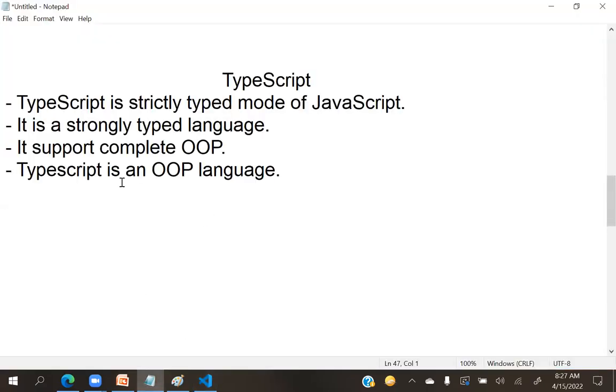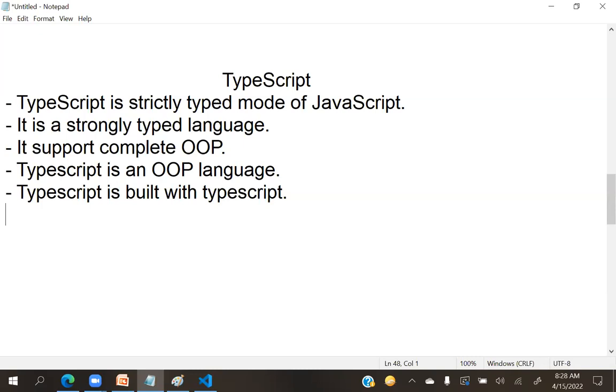Technically, TypeScript, another very important point: TypeScript is built with TypeScript. This is a very great point. TypeScript is completely built with TypeScript. What does that mean?